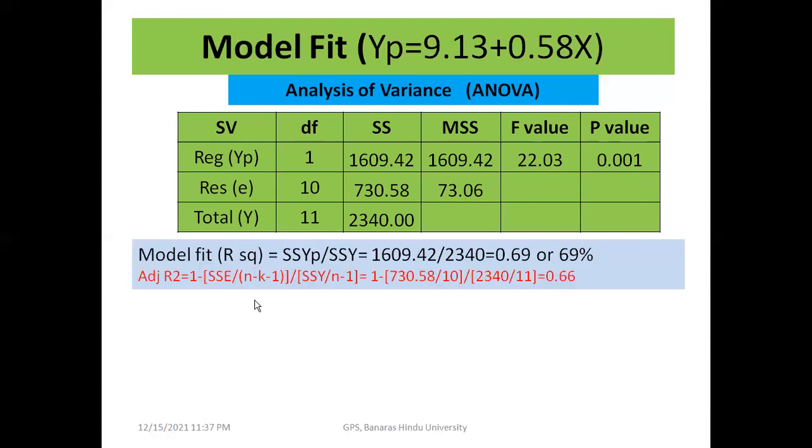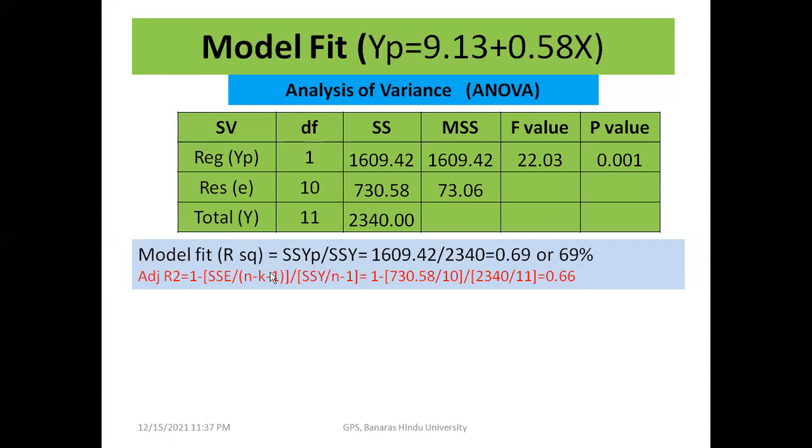Now again we calculate model fit, that is called R square, and it is calculated by dividing this sum of square by this sum of square. It means out of the total variation of the dependent variable, what portion was captured by my regression, and it is 69%.